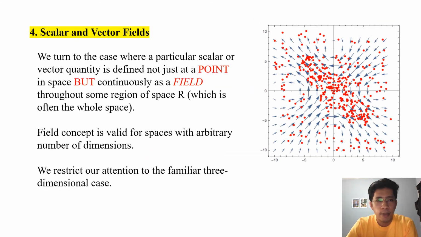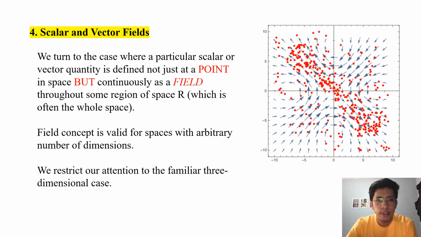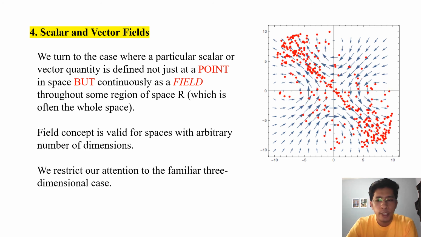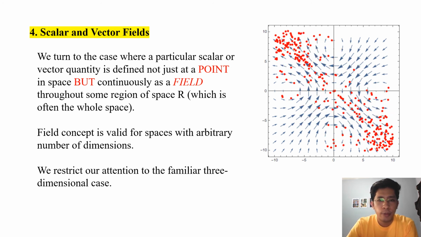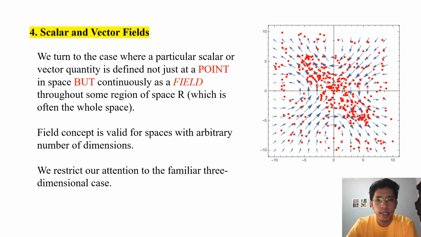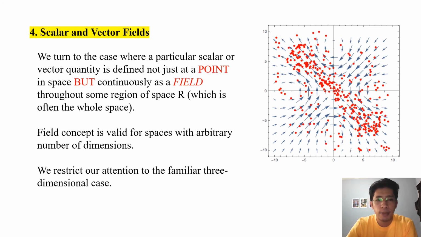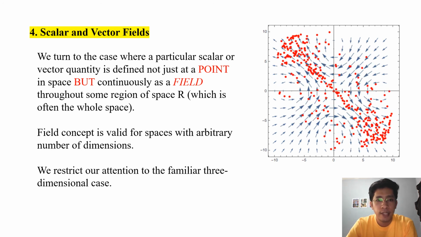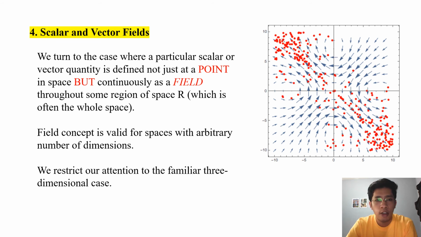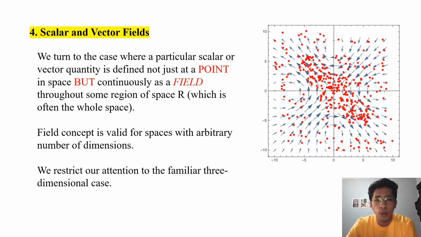Now let's talk about your scalar and your vector fields. In this section, we turn to the case where a particular scalar or vector quantity is defined not just as a point in space, but continuously as a field throughout some region of space R, which is often the whole space.